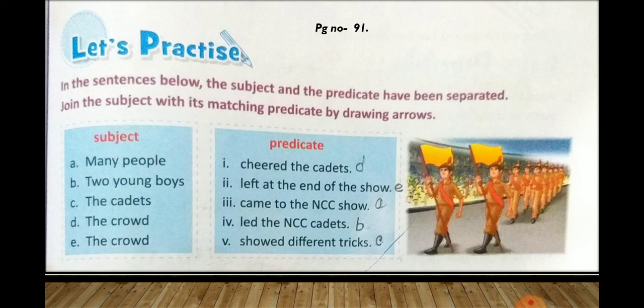So you will write D beside number 1. Now let's move to the last one, that is E. The crowd will match with number 2, left at the end of the show. So you will write E beside number 2. So your sequence will be D, E, A, B and C.